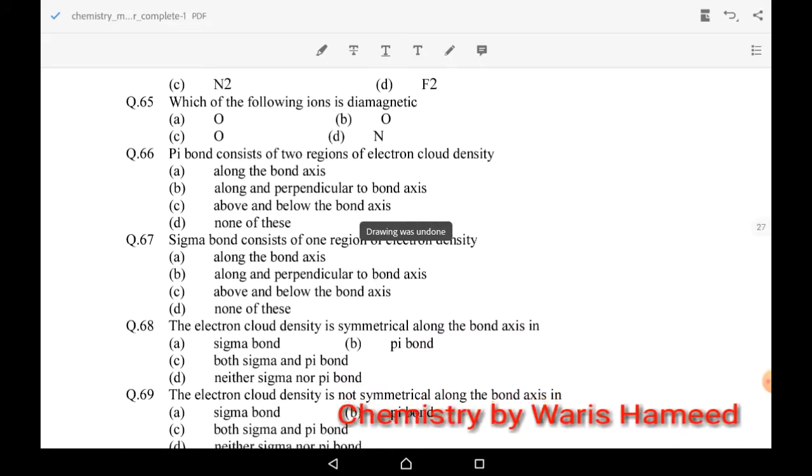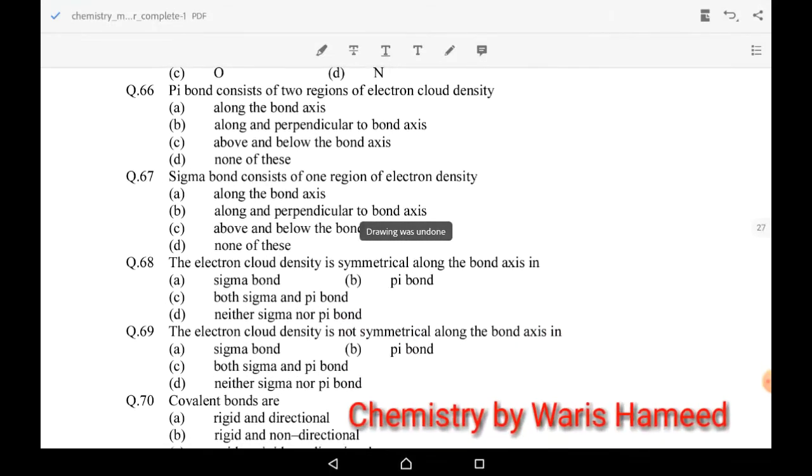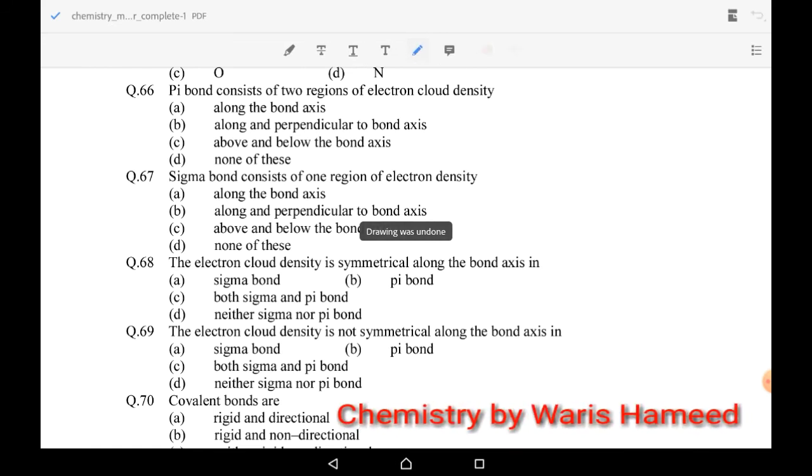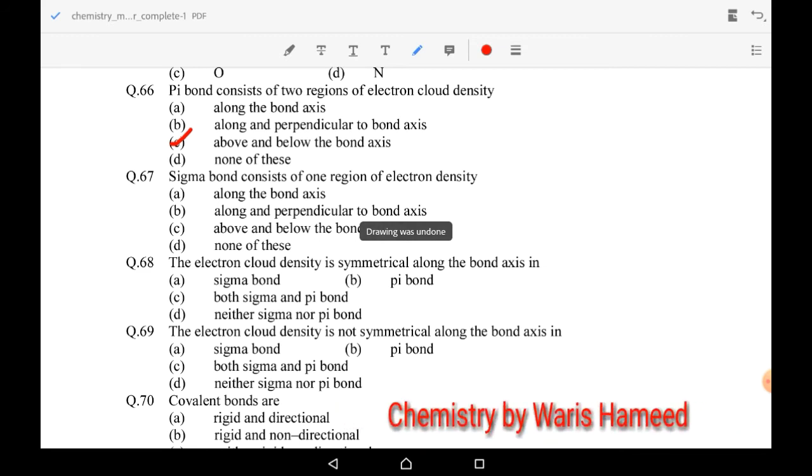Next, 66 MCQs. Pi bond consists of two regions of electron cloud density above the axis and below the axis. Its C option is correct. Sigma bond consists of one region of electron density along the bond axis.